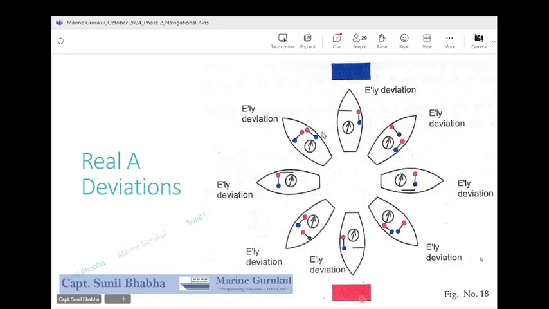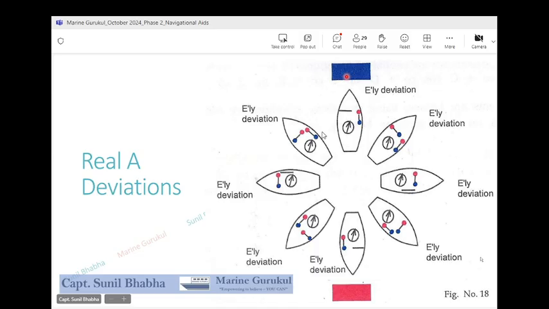Now we know that the magnetic lines of force come out of the red pole and go into the blue pole. So in this particular diagram, you will see that the magnetic lines of force are going vertically upwards from the red pole to the blue pole of the earth, going vertically upwards like this.